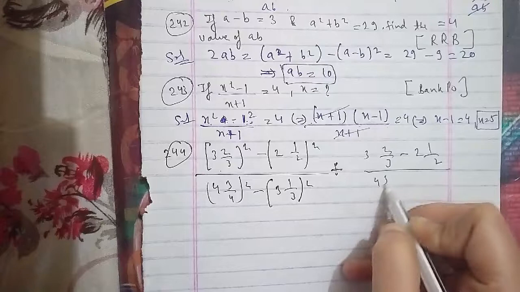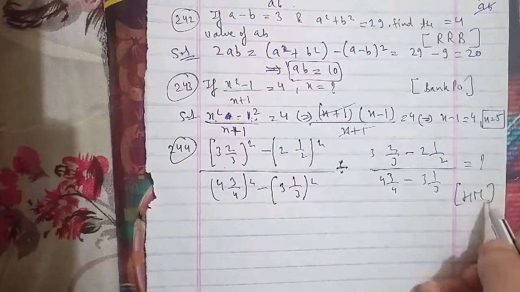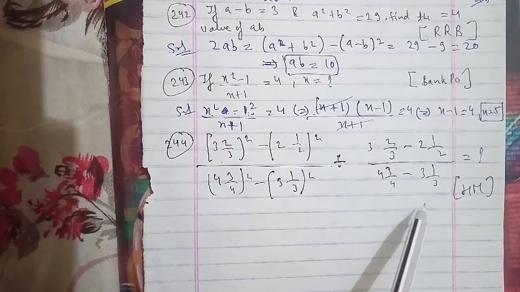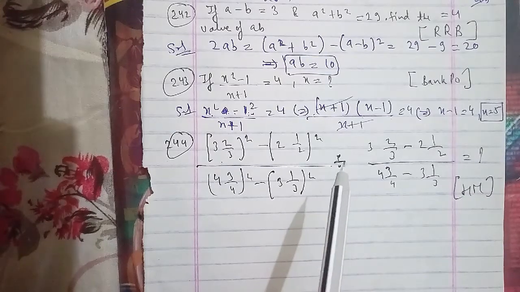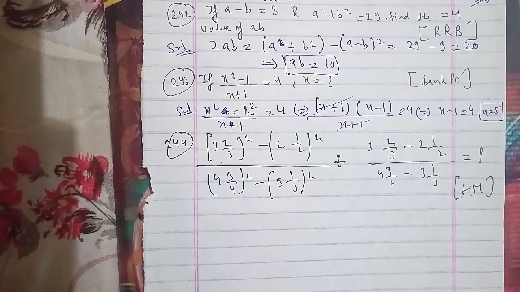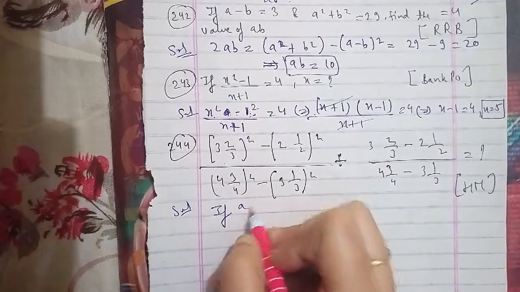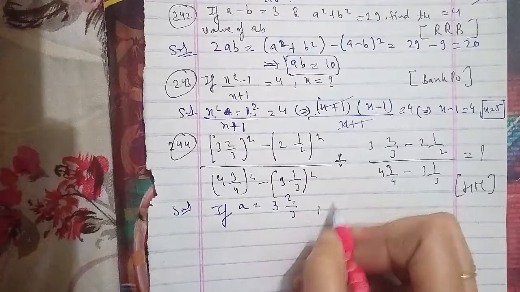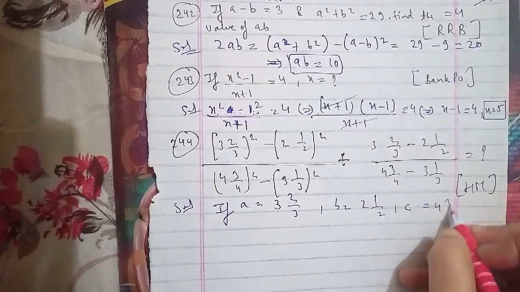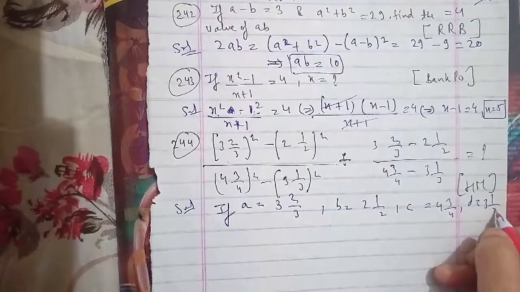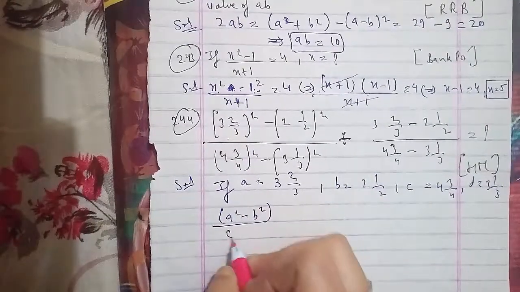Here, let a equal 3 2/3, b equal 2 1/2, c equal 4 3/4, and d equal 3 1/3. Then the given expression is (a² minus b²) whole upon (c² minus d²), divided by (a minus b) whole upon (c minus d), which equals (a² minus b²) upon (c² minus d²) into (c minus d) upon (a minus b).